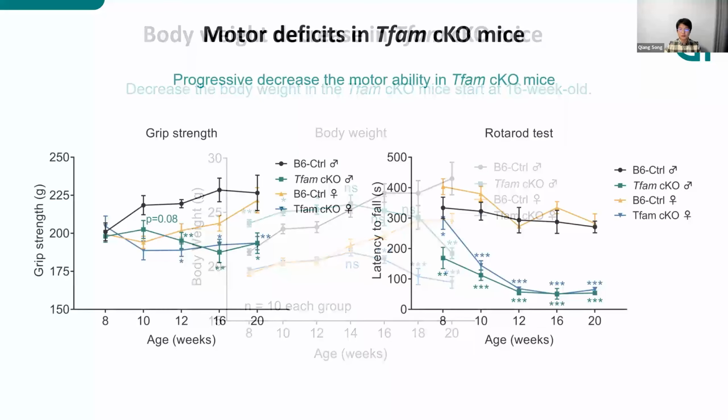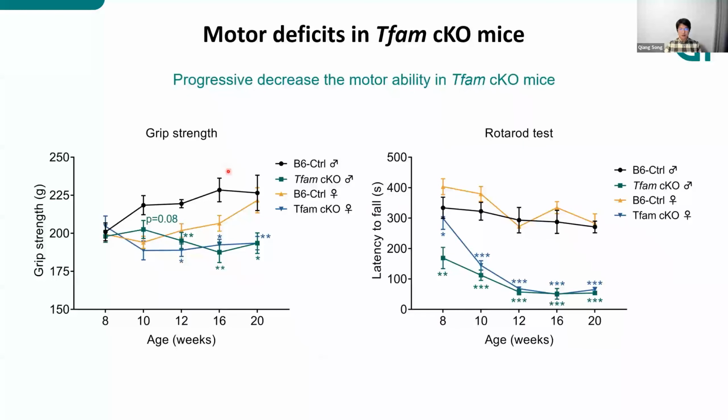We also used motor ability test paradigms to check the motor ability changes in the T5 CKO mice. We used grip strength and the rotarod test. It clearly shows that grip strength has a progressive decrease in the T5 CKO group starting at about 20 weeks old.